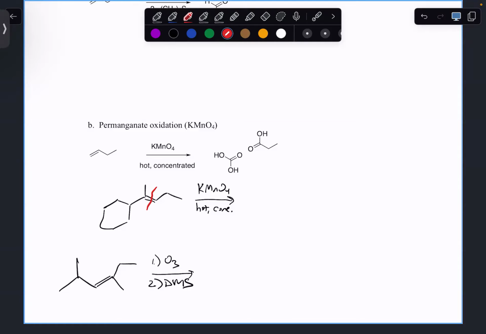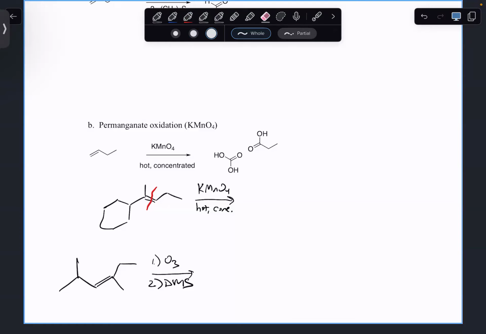And I usually think about this as a left half and then the right half. The product that comes from the left side of the molecule and then the product that comes from the right side of the molecule. When you go to draw products, it's pretty straightforward because all you have to remember is that instead of having a carbon-carbon double bond in the product, you're going to replace that with a carbon-oxygen double bond.